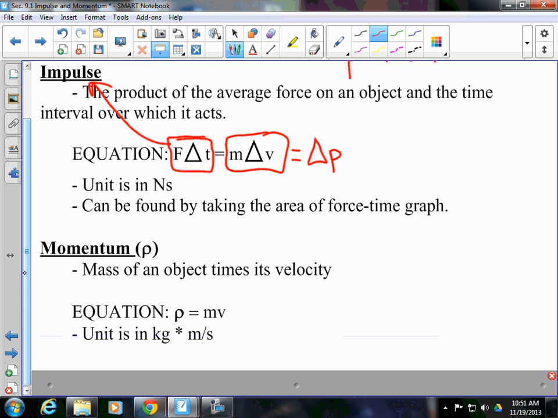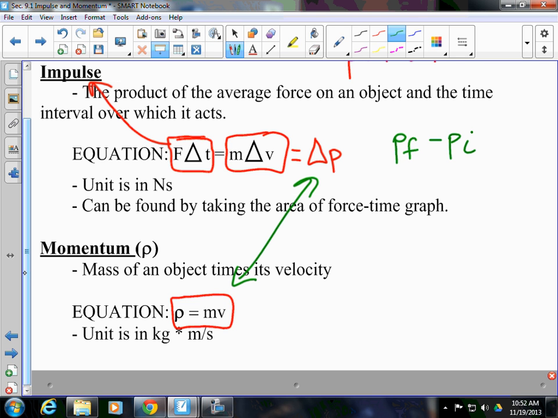Right? If we look at momentum, abbreviated with a P, it is the mass of an object times its velocity. So momentum is mass times velocity. Now its unit, mass in kilograms times velocity in meters per second, is a kilogram meter per second. Now to tie these two together, if we want a change in momentum, that's your final momentum minus your initial momentum.